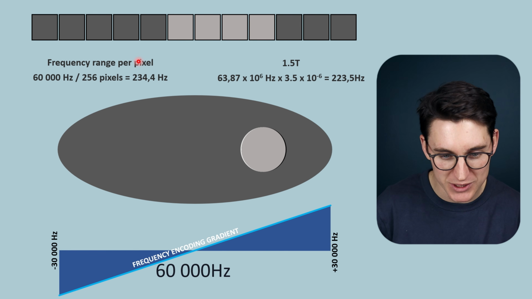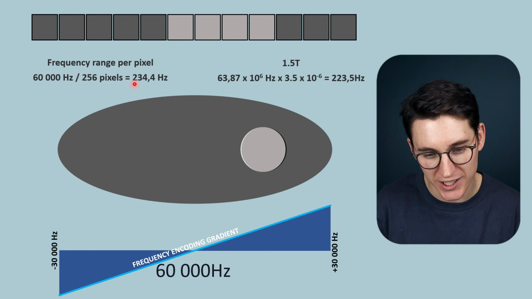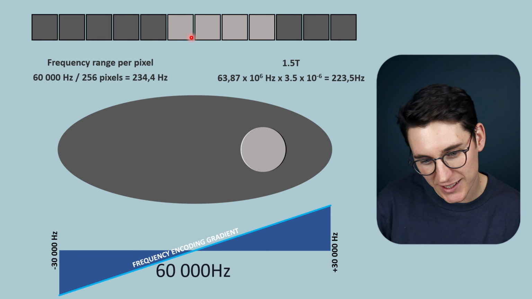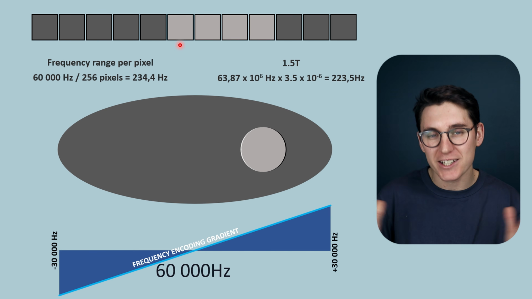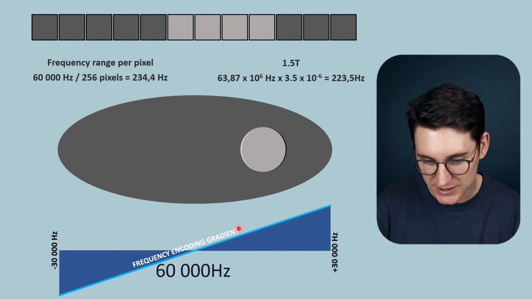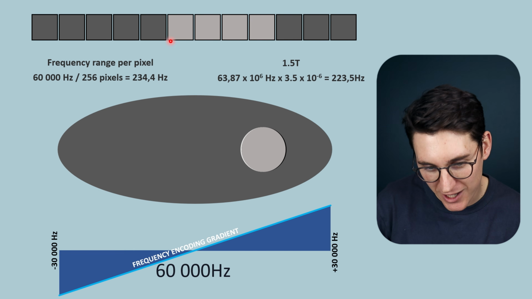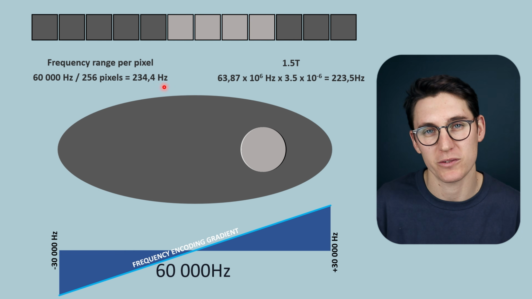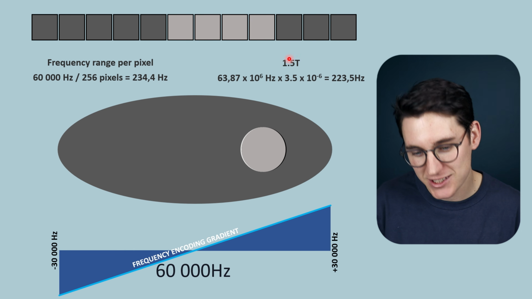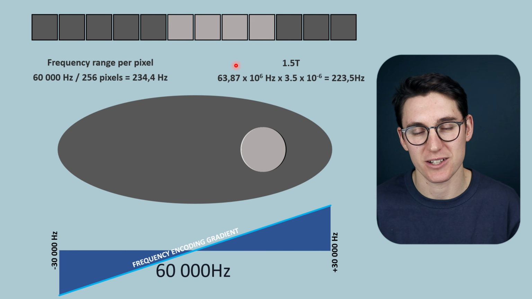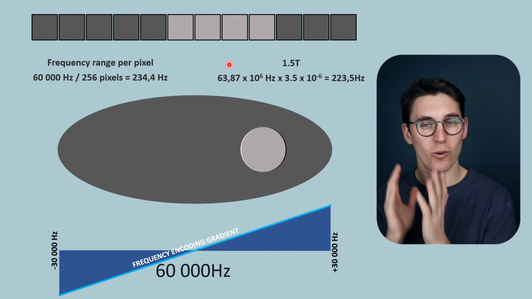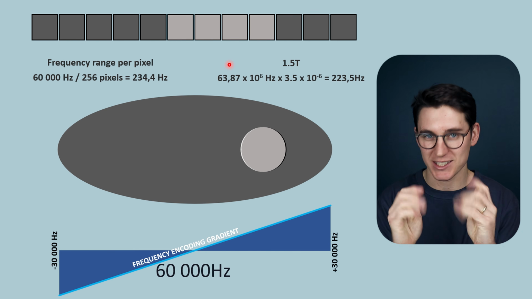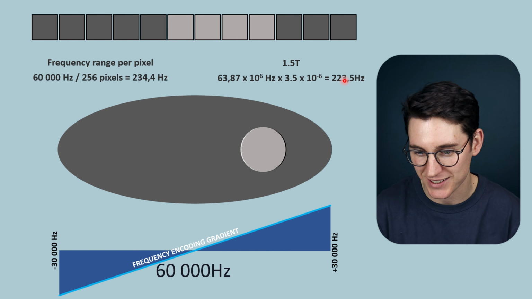The range of frequencies per pixel now has changed. It is now much larger. Each pixel represents a wider range of frequencies because of this steeper gradient field strength. Now the difference between the 2 edges of our pixel is 234.4 hertz. What hasn't changed is at a 1.5 Tesla field strength, the difference between water and fat precessional frequencies, the chemical shift at 1.5 Tesla, is the same.